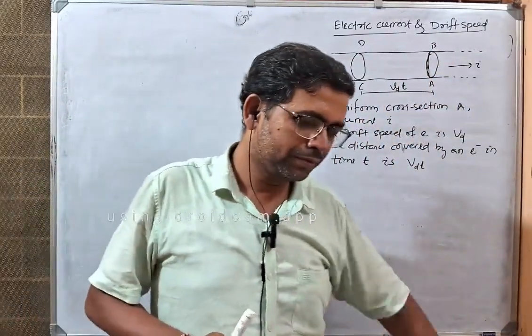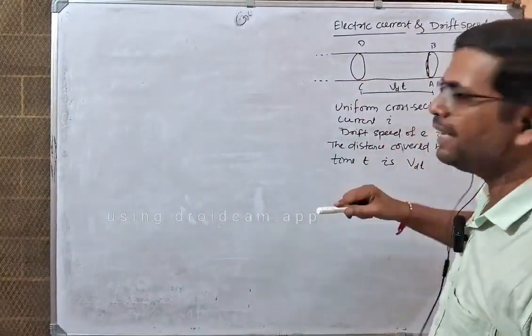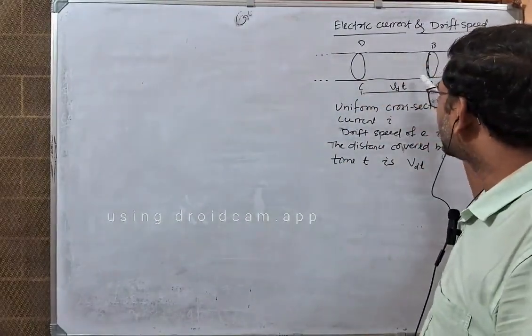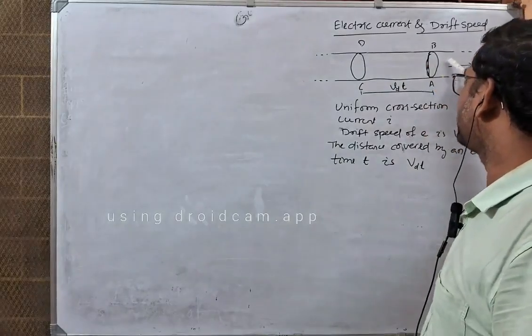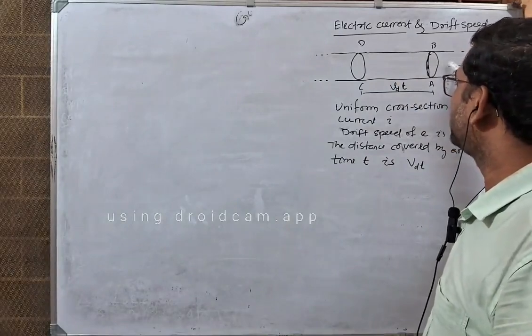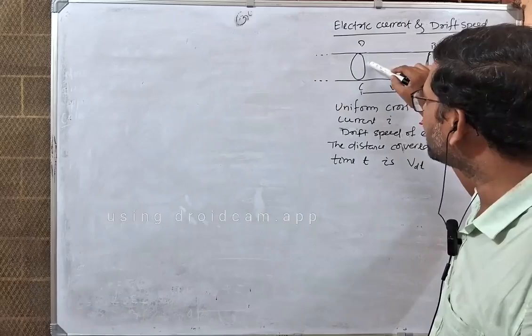So only this section of free electrons will cross the surface CD. No electrons to the left would have crossed this surface. Electrons to the left may come inside this volume, but they cannot cross this surface.